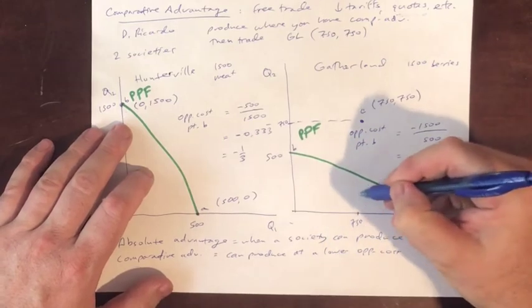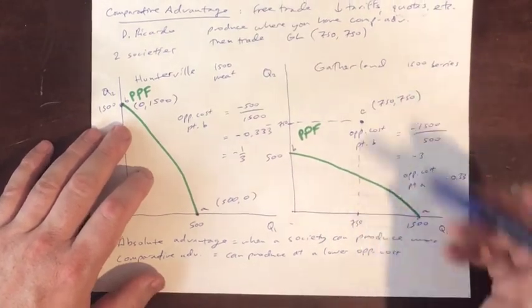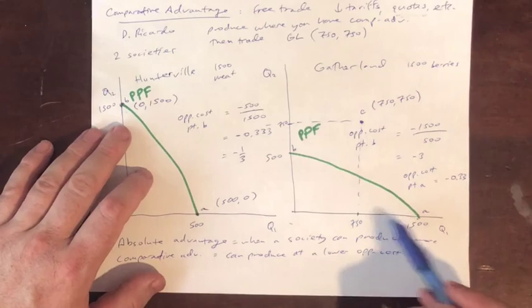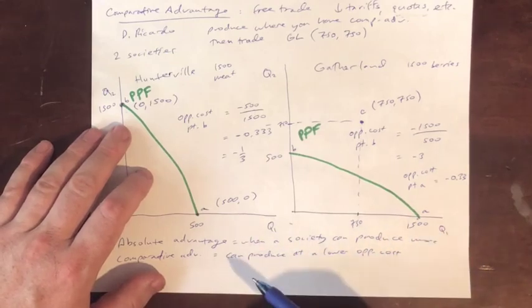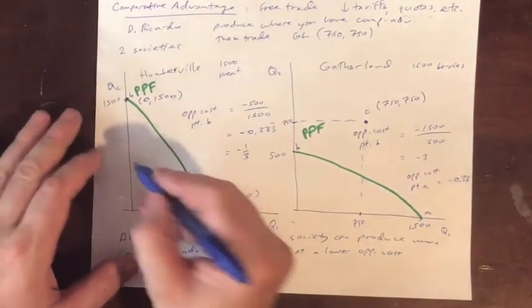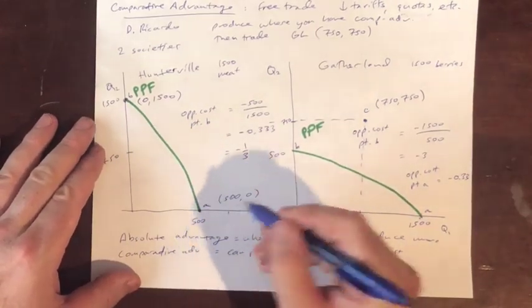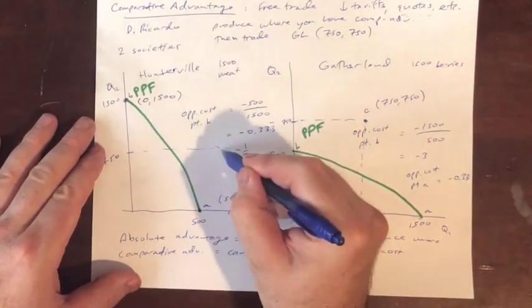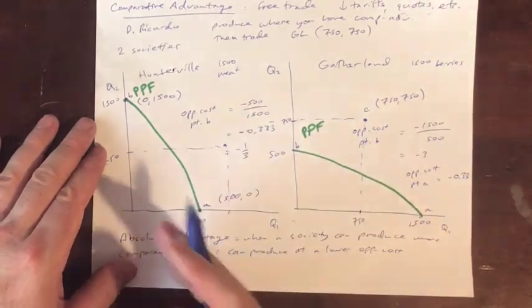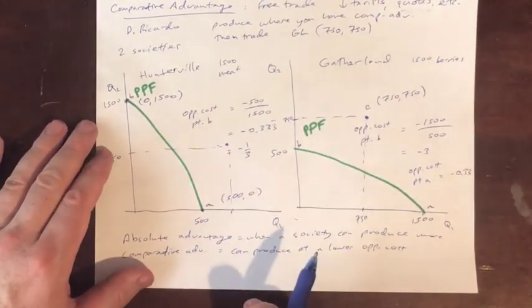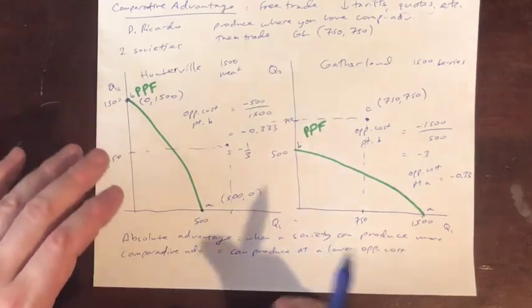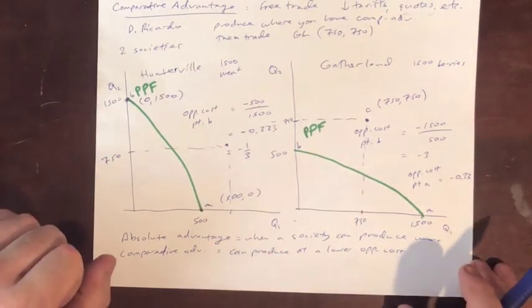So through specialization and trade, we are able to reach this point, and the same goes for Hunterville. They are able to be at a point that is well outside of the production possibilities frontier. And this represents the gains to trade.